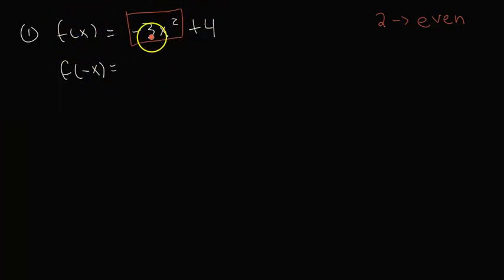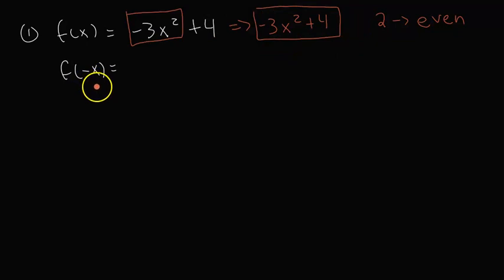So we know that if our function actually is even, we are going to end up with something that looks like negative 3x squared plus 4. This is our goal. If we end up with the exact same thing when I plug in this negative x, then yes, my function is even. So let's see what happens.